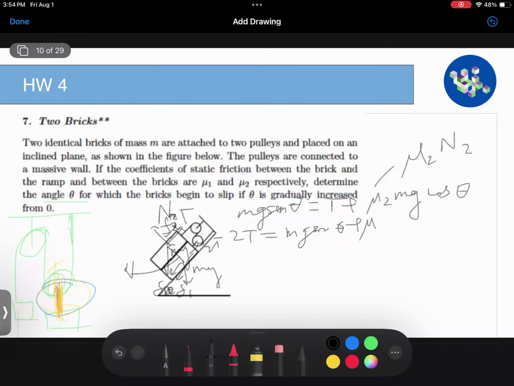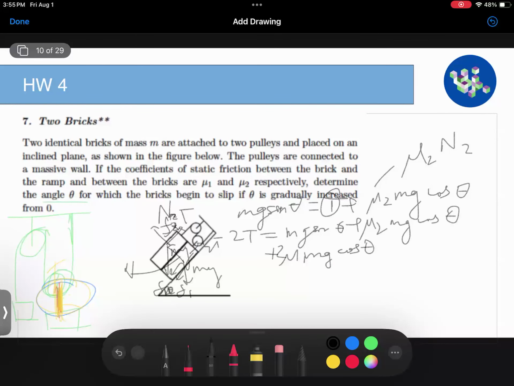So mu2 mg cosine theta, and now the frictional force on the ground. Notice that our normal force is twice mg cosine theta, because if you're just looking at the bottom block, it will experience a total normal force of 2 mg cosine theta. So plus mu1 2 mg cosine theta. Okay? And now if we substitute what we got for T, right?